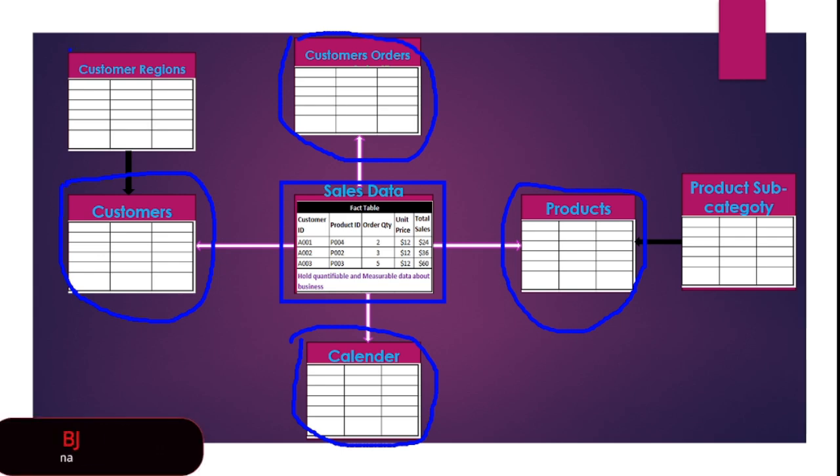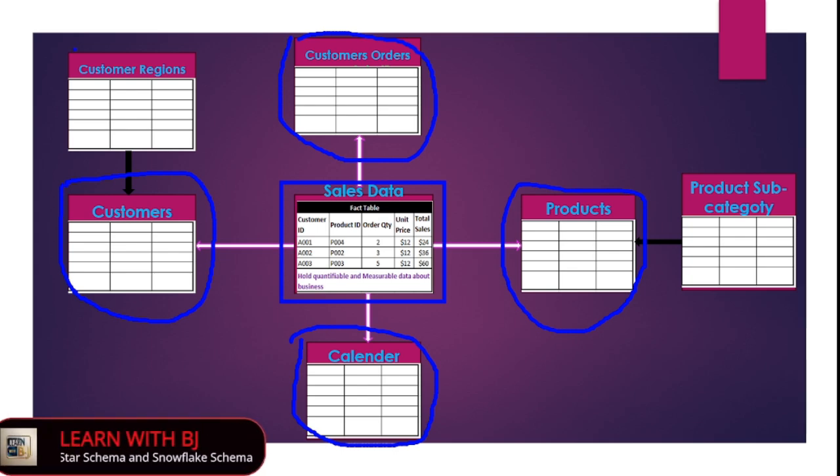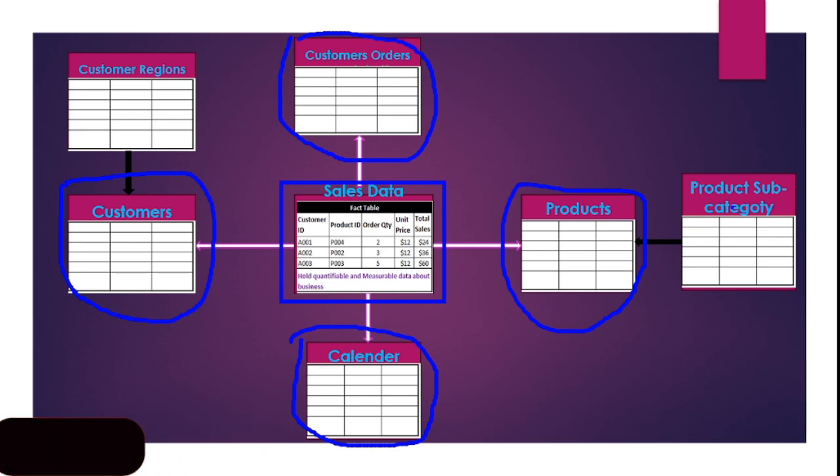So the dimension tables have been broken into smaller pieces and then being connected. The same applies to where we have the products, and then we have product subcategory. So the subcategory table has been connected to the products, but they are both dimension tables.